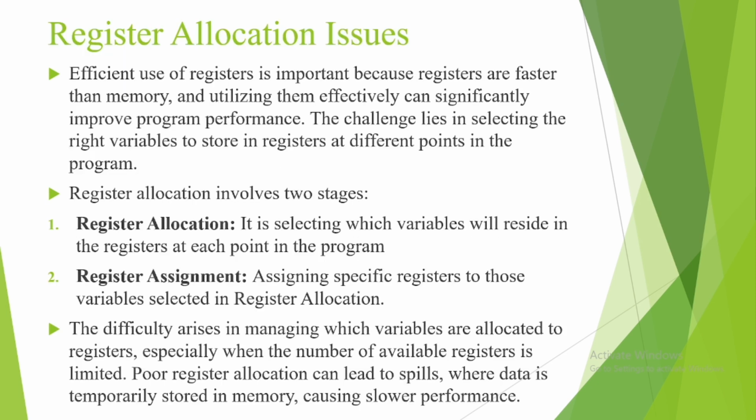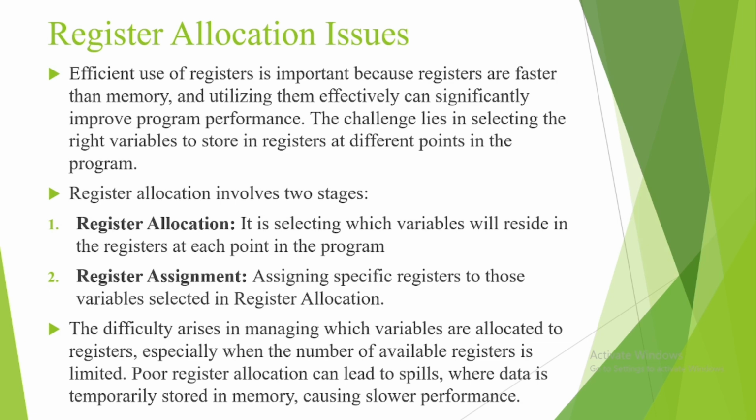Register allocation issues. Efficient use of registers is important because registers are faster than memory, and efficient utilization can significantly improve program performance. The challenge lies in selecting the right variables to store in registers at different points in the program.